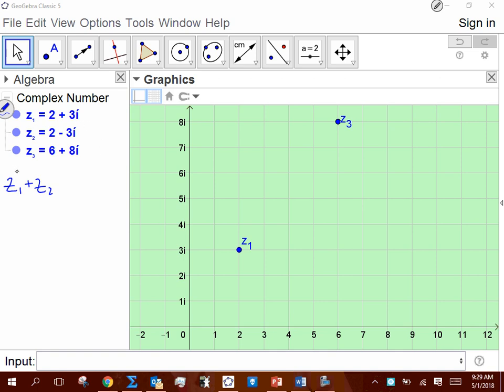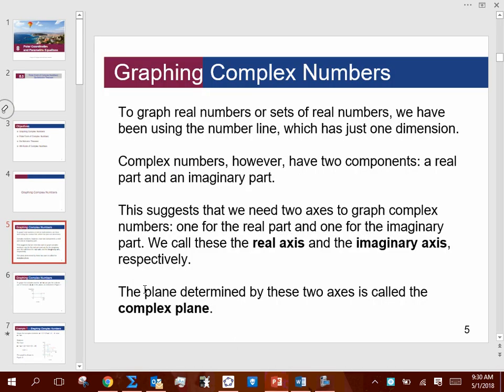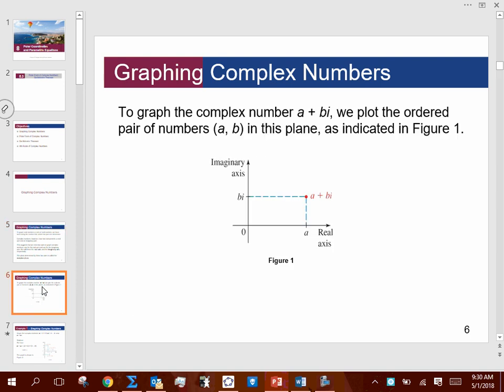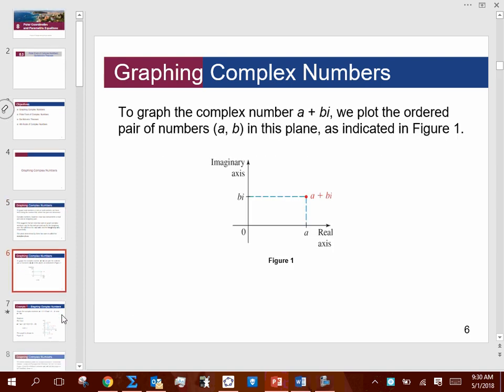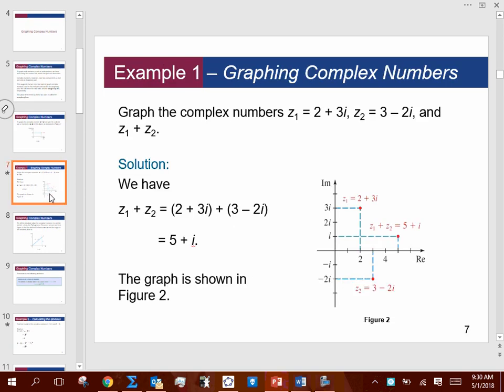Does that make sense? All right, so that's nice. That's just the way that we graph things in the complex plane. If you scroll through these PowerPoints, you can see that broken down and see similar examples.